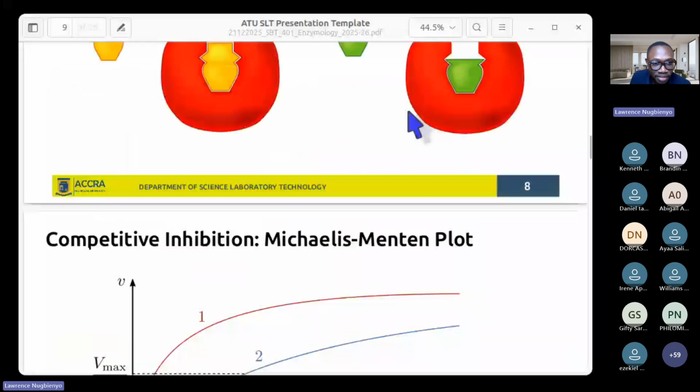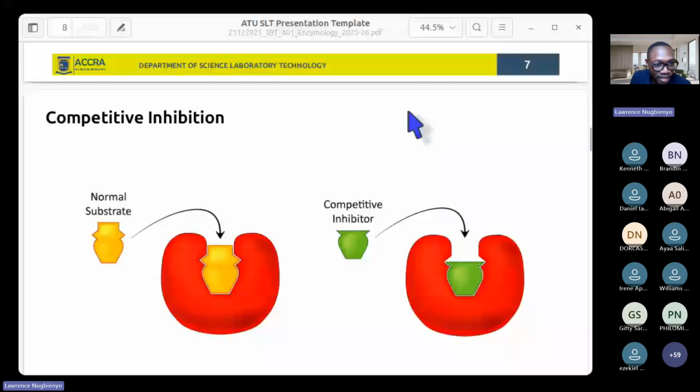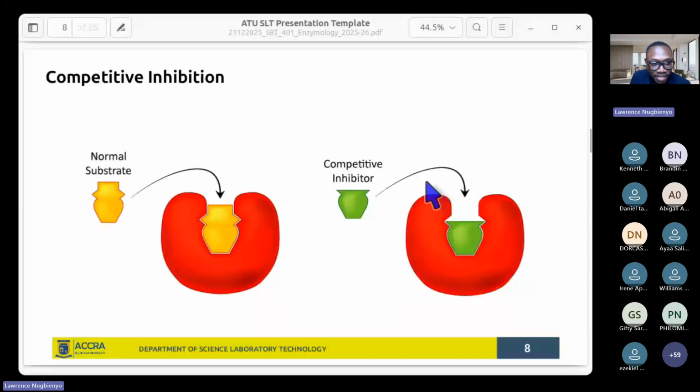Is that what you mean? Yes, about competitive inhibition. So you have substrate that is binding onto the enzyme. You have an inhibitor that can also bind to that same active center of the enzyme.